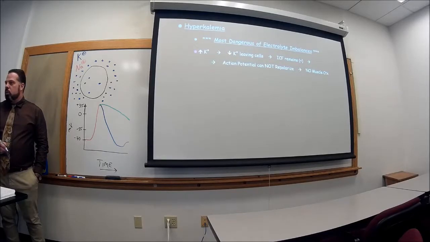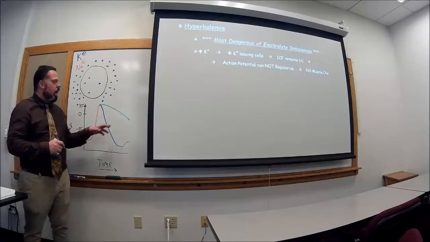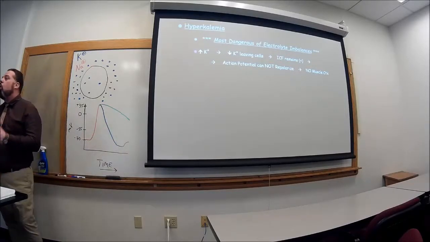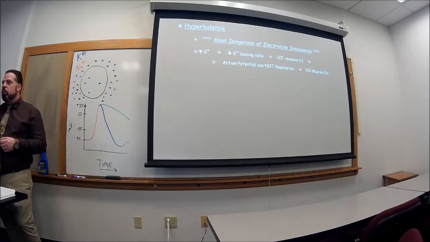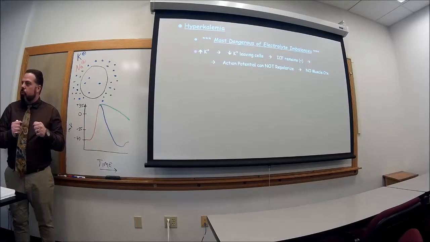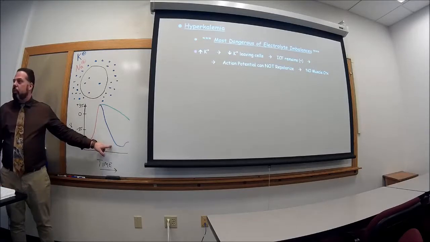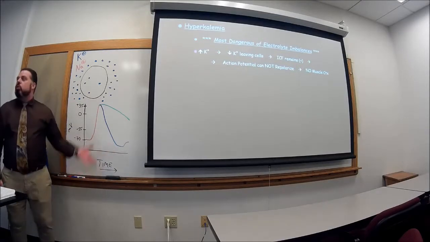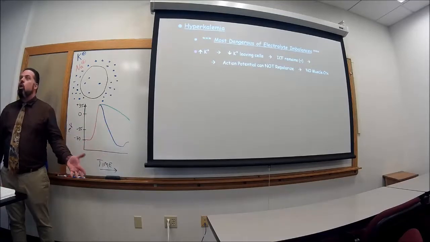Does that make sense? All right? So the action potential is going to have a difficult time to repolarize. You won't get a muscle contraction. If this is your cardiac muscle, you're going to have the contraction, but it's still in a sustained contraction. It needs to go back down to -70 to restart the whole thing. It's taking a long time. That person's going to die of cardiac arrest.